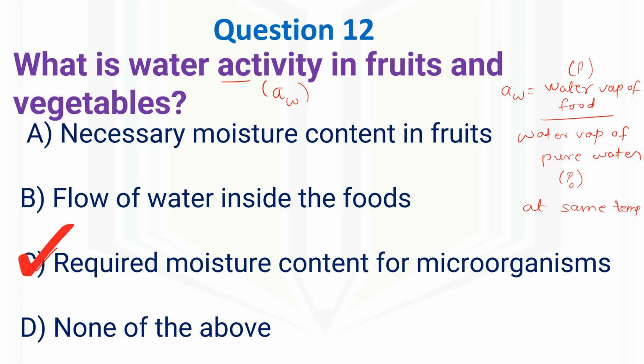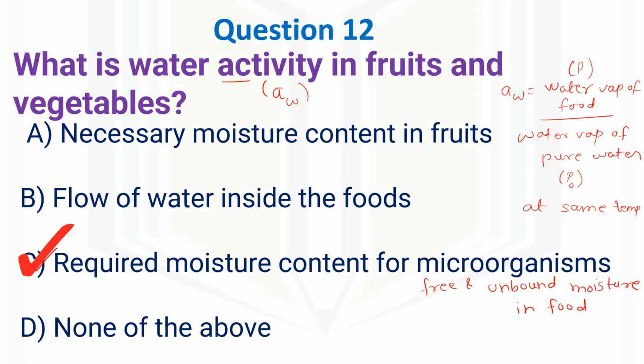So it measures the free and unbound water present inside the food. So it measures the free and unbound moisture in food. So it is that available moisture which can be then taken up by the microorganisms to grow.